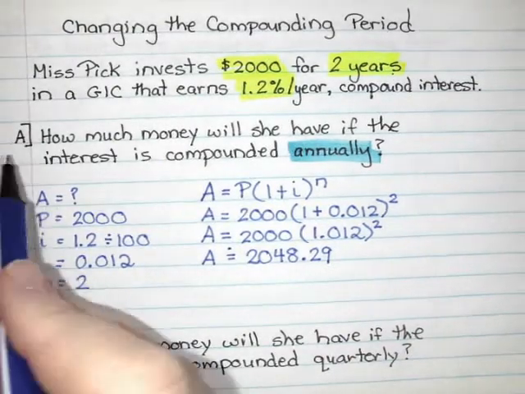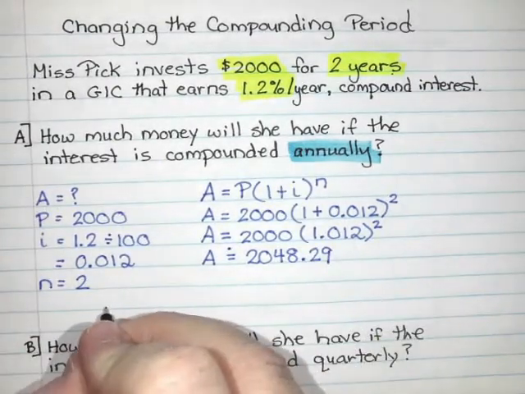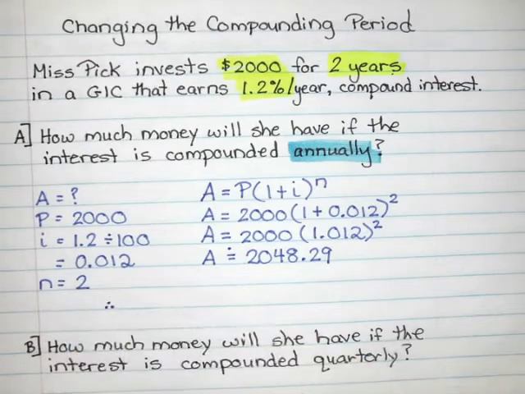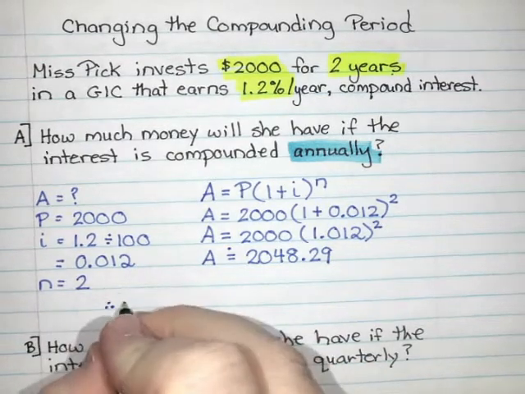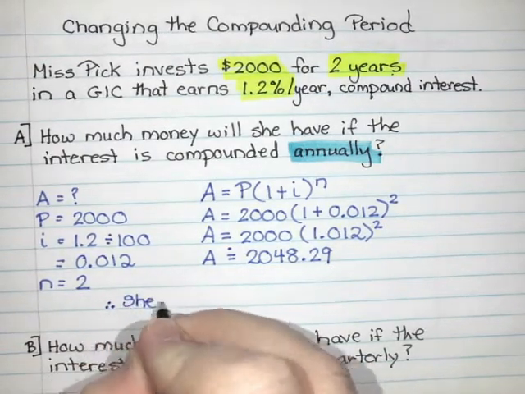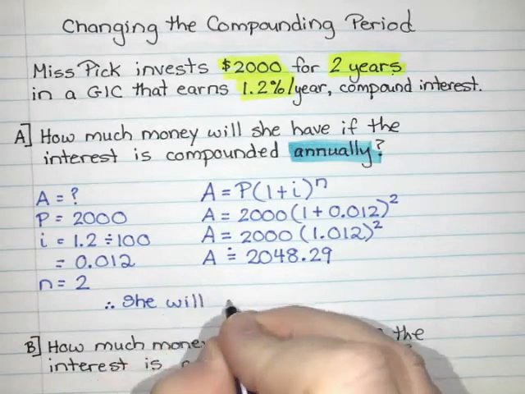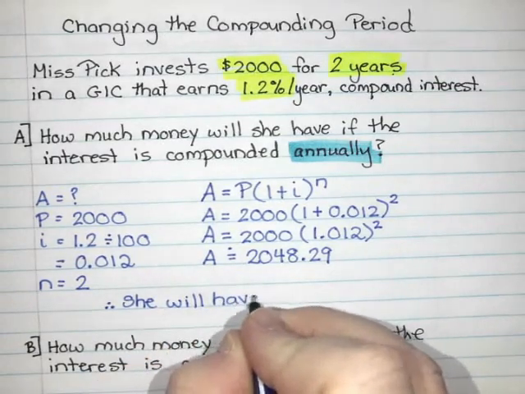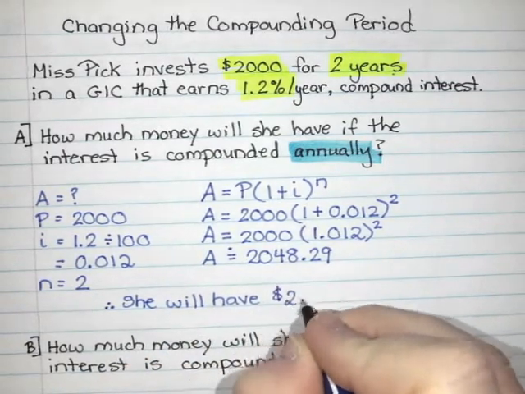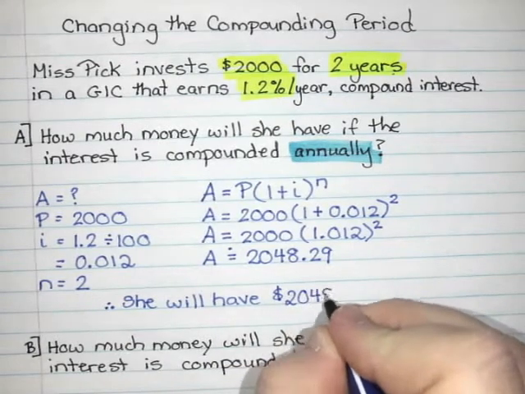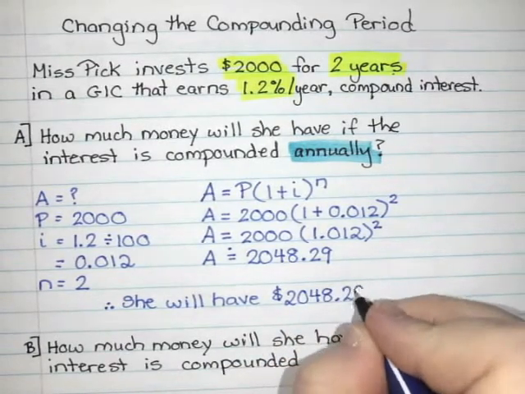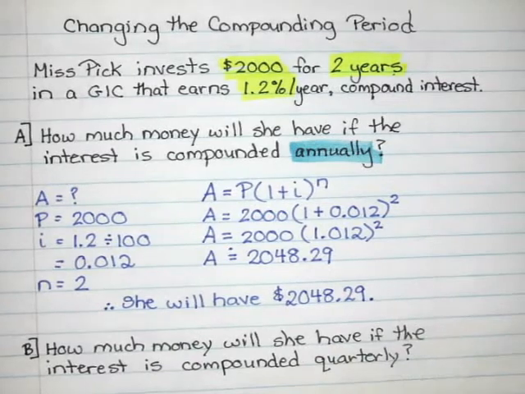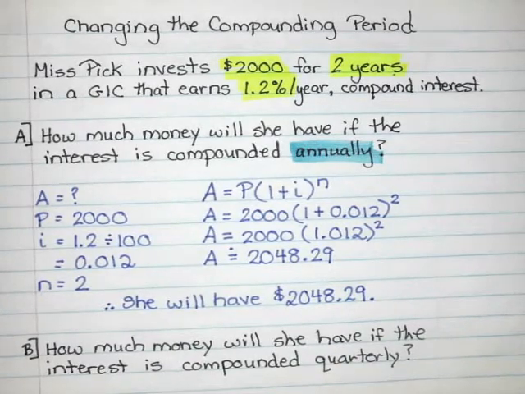So since this is a question, I'm going to finish with a little sentence that says, therefore, Miss Pick, or she, will have $2,048.29. You can join me in the next video if you need help with the next question.